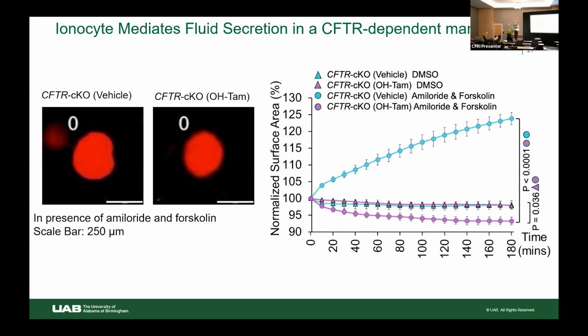Here we can clearly see the ionocyte-specific CFTR deletion showed an absence of organoid swelling. And more interestingly, when you compare those two groups, the conditional knockout group under DMSO, which is control, to amiloride and bumetanide, you can clearly see the conditional knockout showed a shrinking phenotype.